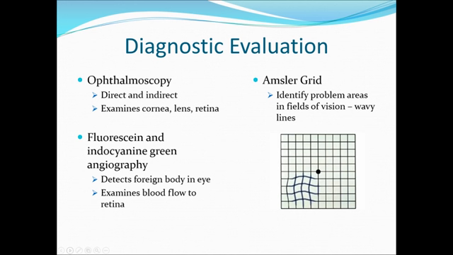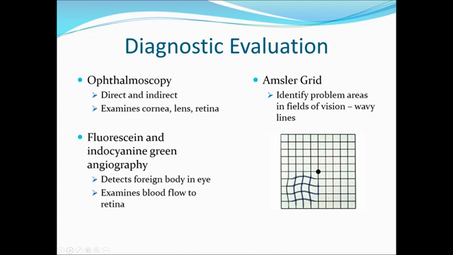Other diagnostic evaluation pieces, we can use the ophthalmoscope that provides direct and indirect visualization of the cornea, the lens, and the retina. We can use the fluorescein angiography dye. This we can use to detect a foreign body in the eye and examine blood flow to the retina if we think there's a problem with a clot or a blockage in there.